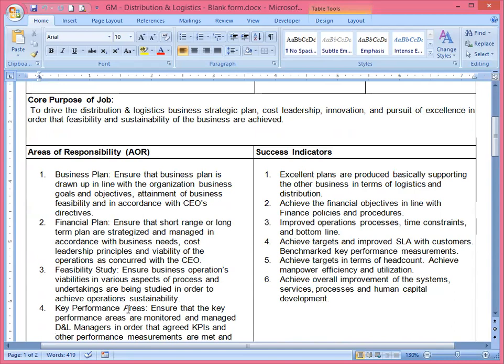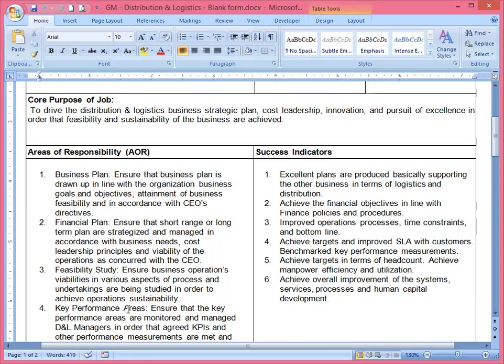I also wrote 6 items in the area of responsibility, which are the business plan, financial plan, feasibility study, key performance areas, D&L resources, and innovation.